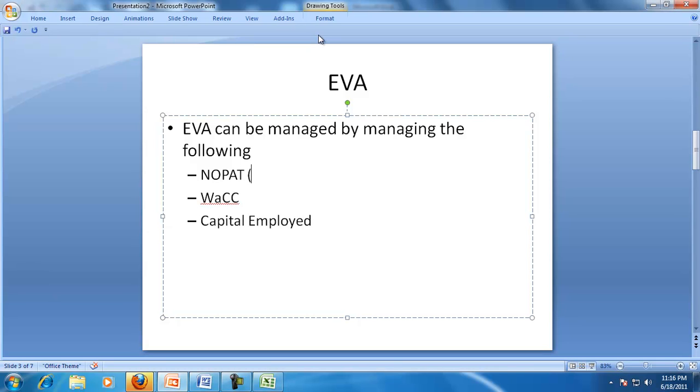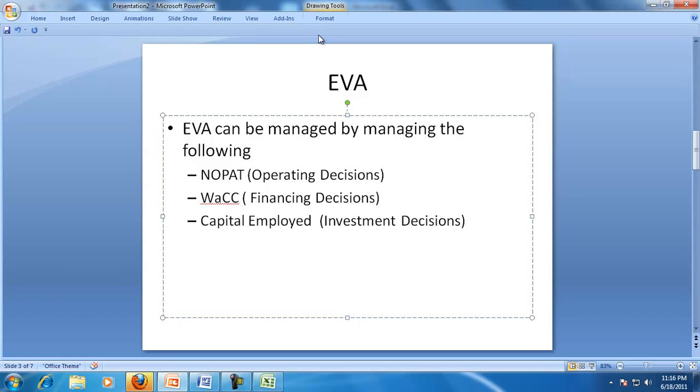So managing NOPAT is managing the operating decisions. Managing WACC is managing financing decisions. Managing capital employed is managing investment decisions. So therefore you can improve EVA by managing OD or FD or ID.